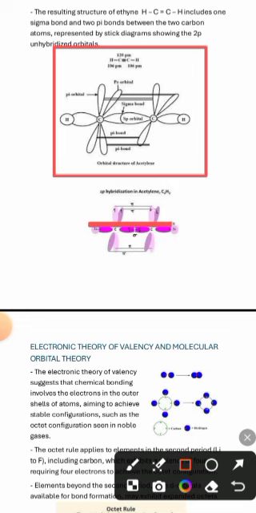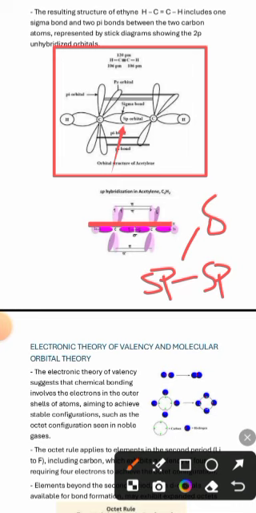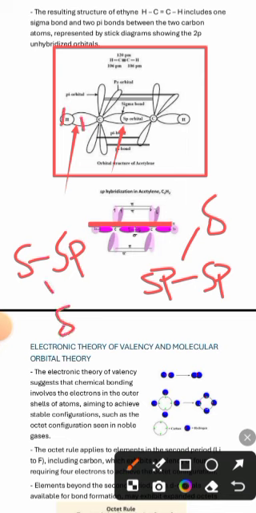Then the sp orbitals of the carbons overlap with themselves to form a sigma bond. The s to sp, in this carbon and hydrogen, form a sigma bond, and therefore we have 5 bonds formed in the ethyne molecule.